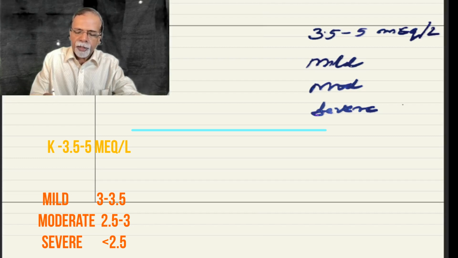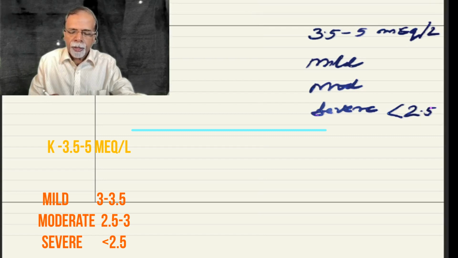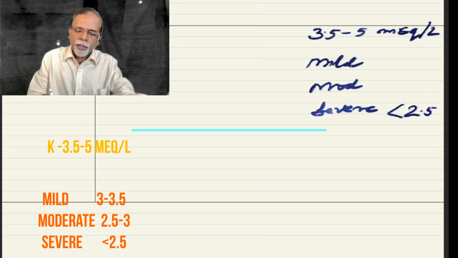When the potassium level is less than 2.5 milliequivalents, you call it severe hypokalemia. ECG changes and symptoms usually occur only with severe hypokalemia. Moderate is 2.5 to 3, and mild is 3 to 3.5.